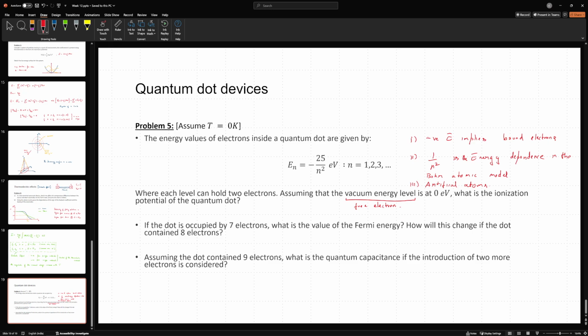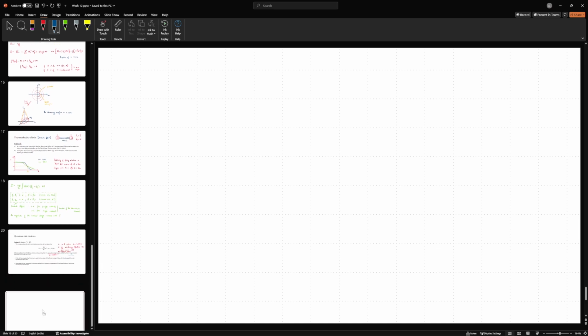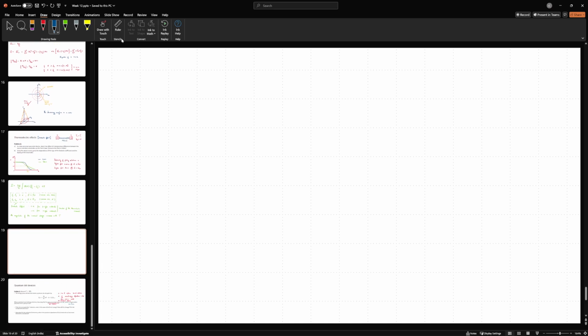Okay. So now first, what is the, so here I should say the maximum ionization potential. So each level can put 2 electrons of opposing spins. So let us quickly solve these questions. So first, question 1 here is maximum ionization potential.